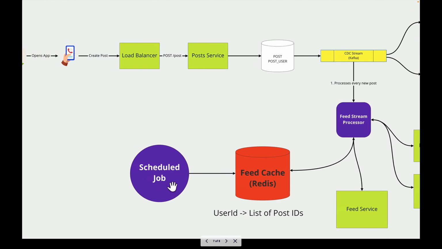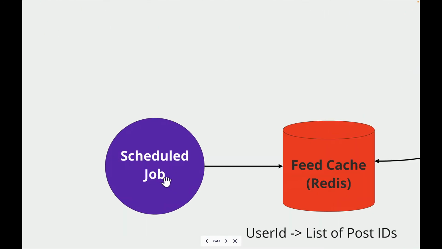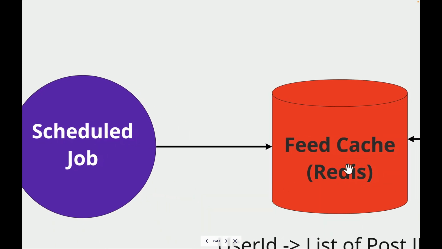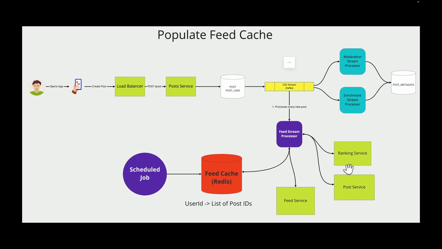Then you have the other, more offline and scheduled job. This can go through all your users and recompute their feed cache every single time. You can get by with only a scheduled job if you don't care about the feed being real time. But more often than not, you would want to have a real-time feed system. That's where the stream processor comes in.